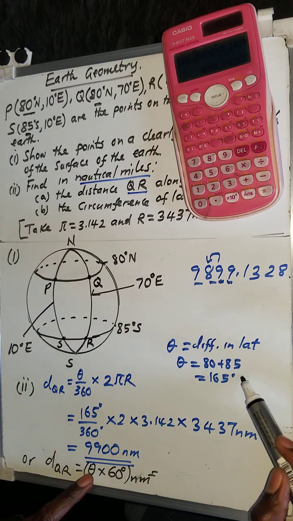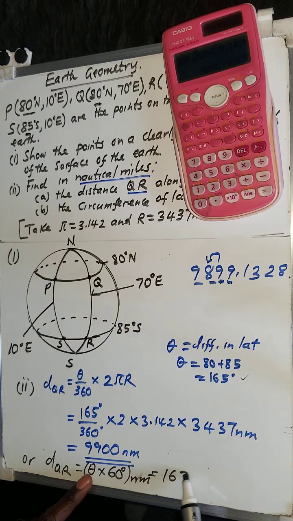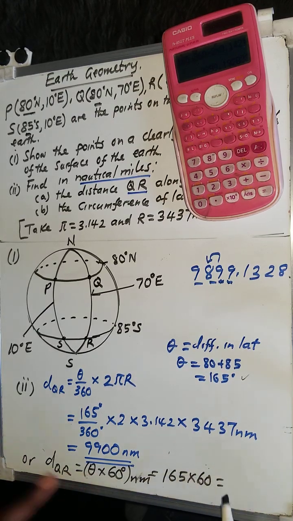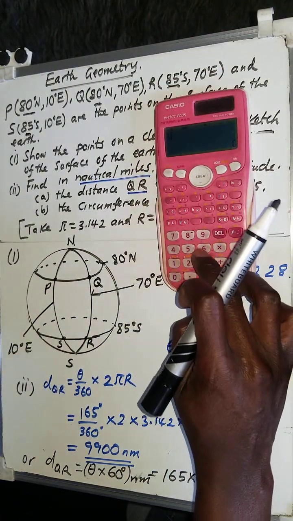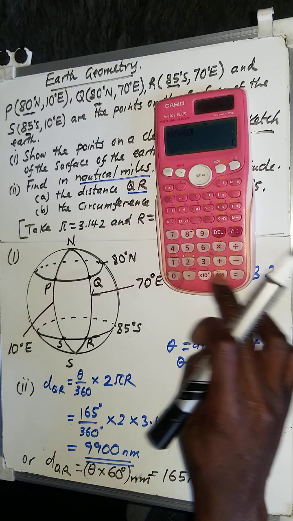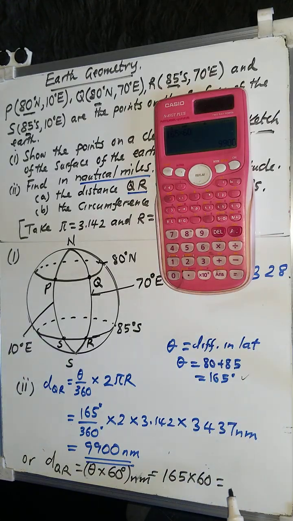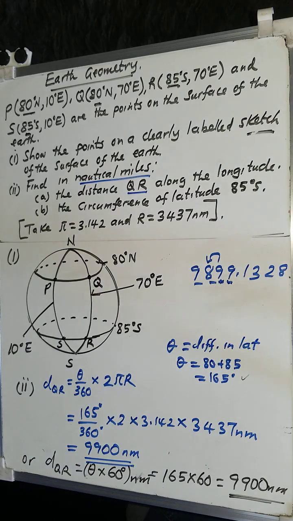So the theta is the one we have calculated, so that is 165 multiplied by 60. If you multiply 165 multiplied by 60, that is going to give you 9,900 nautical miles. So you can see that we have actually quickly done it by applying that formula there. I hope you are getting the concept.